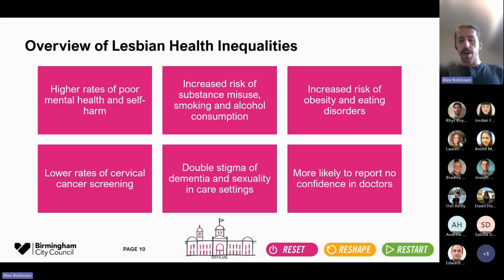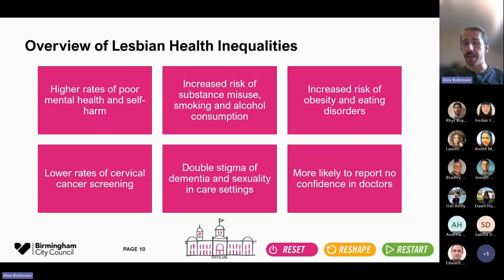There were also a few different studies that looked at experiences of lesbian women in older age. Lesbians with dementia were shown to experience a double stigma of their sexuality and their dementia.